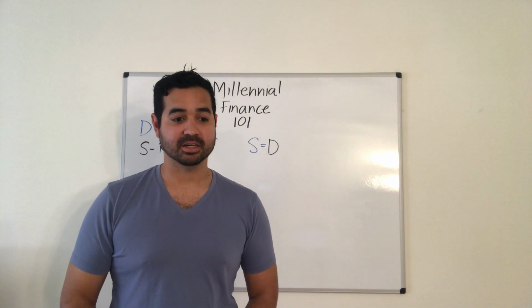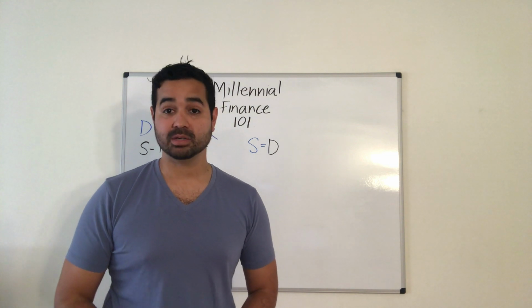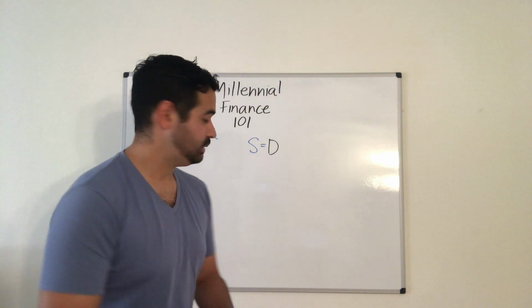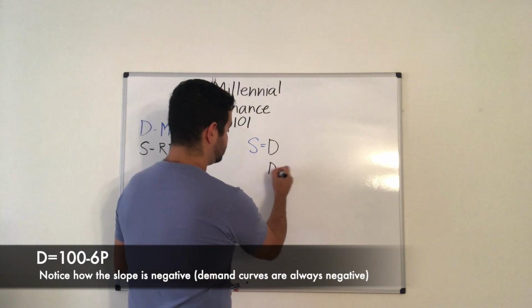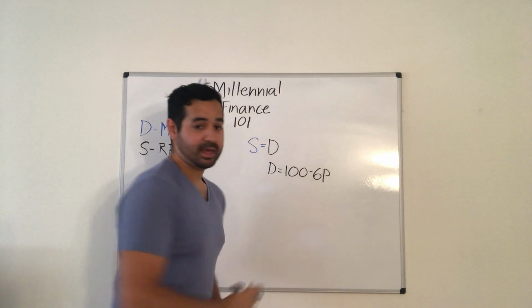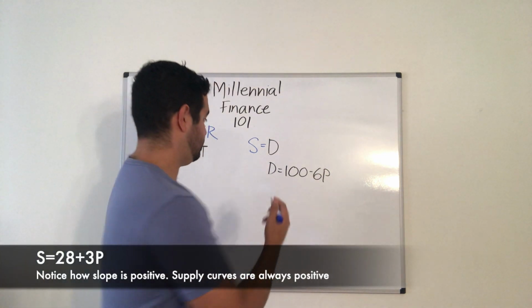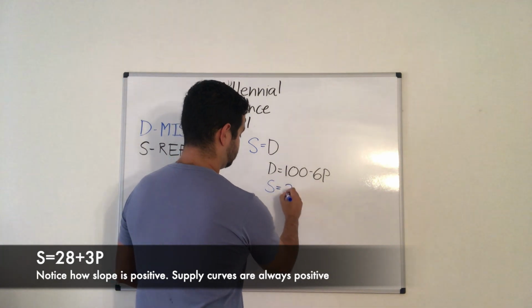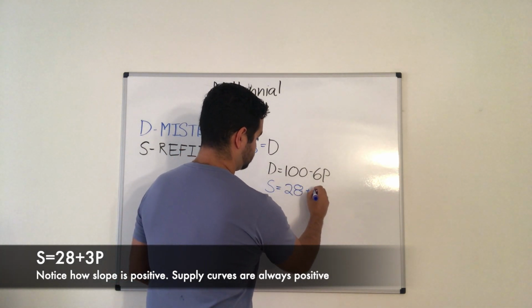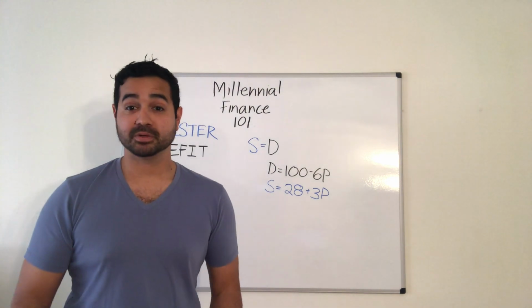It tells us here that the demand and supply curve for computers are D equals 100 minus 6p, and S equals 28 plus 3p. Make sense? Now it's pretty straightforward.